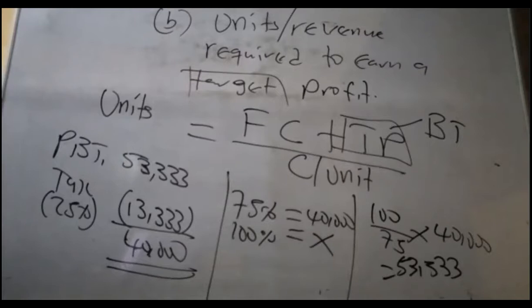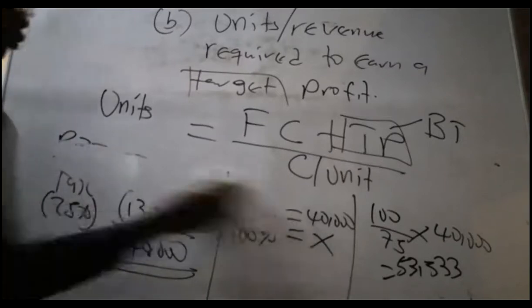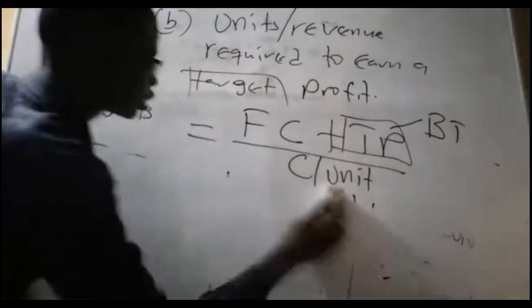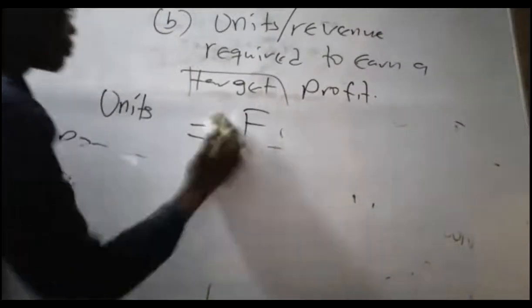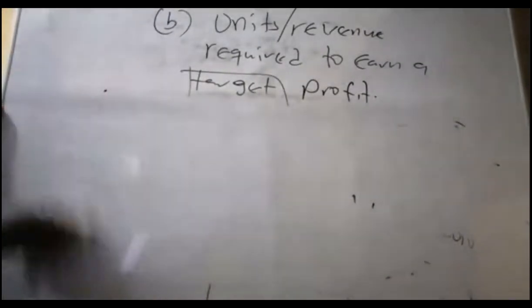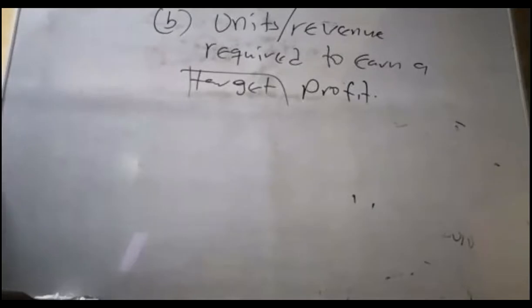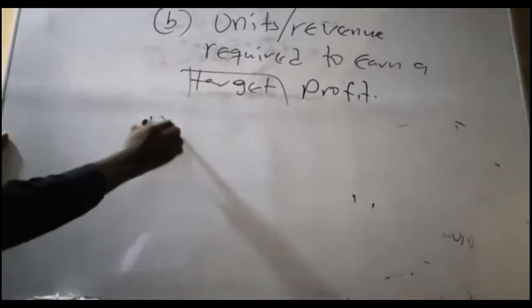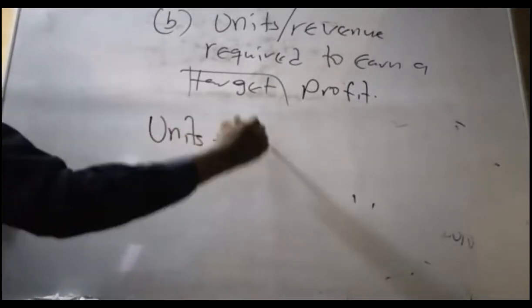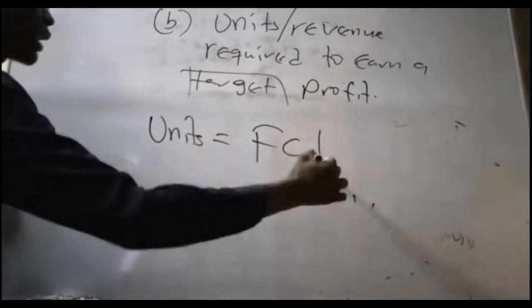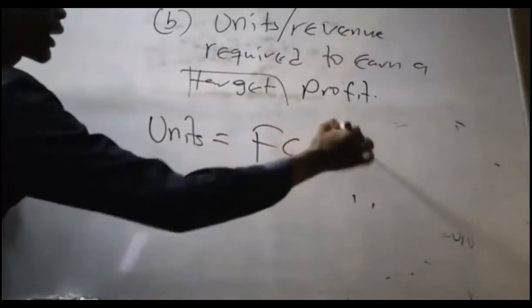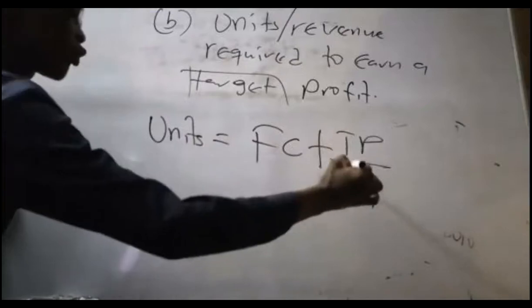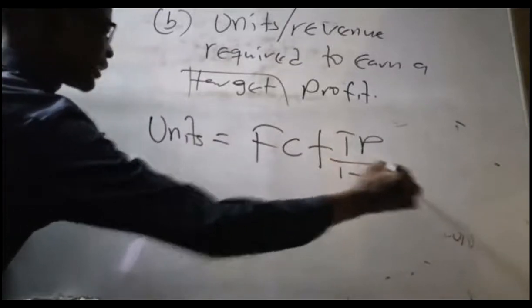And I'll put it in the formula. So now anytime there's an issue of tax, we change the formula slightly. So the unit will be the fixed cost plus, this time around, the target profit, all divided by 1 minus the tax rate.